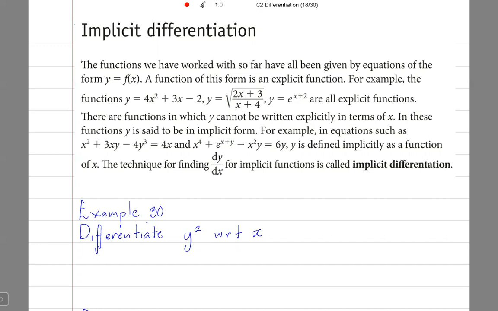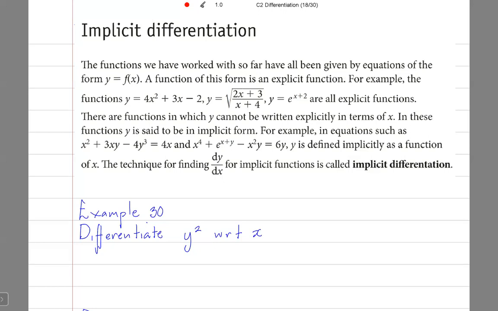Y is defined implicitly as a function of x. The technique for finding dy by dx for implicit functions is called implicit differentiation. All right, there's nothing special about it really.